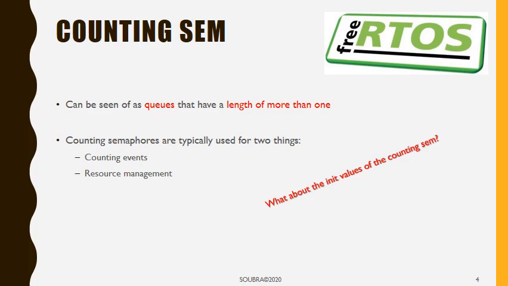So what do you think? An idea would be, for counting external events, it makes sense to start from 0 and start counting, because we never know what's the maximum number of events that would happen. And for resource management, for instance, we can start with a known number of how many resources we're trying to manage.